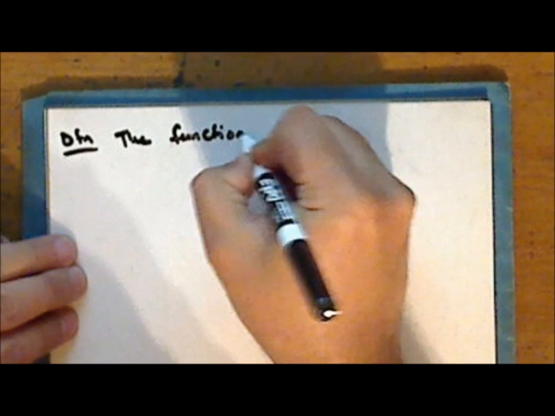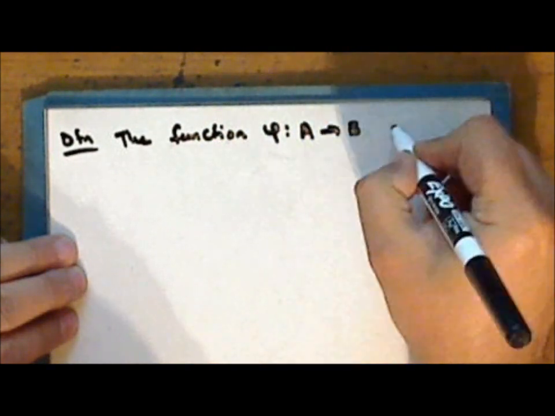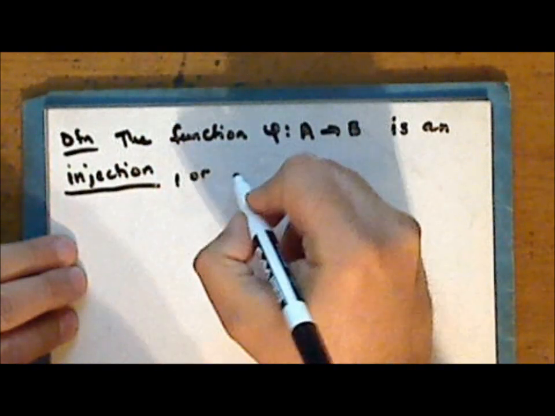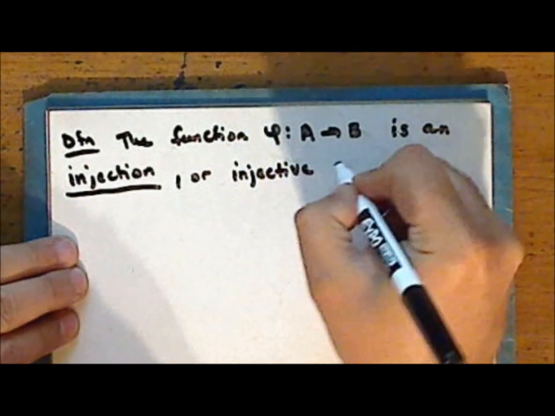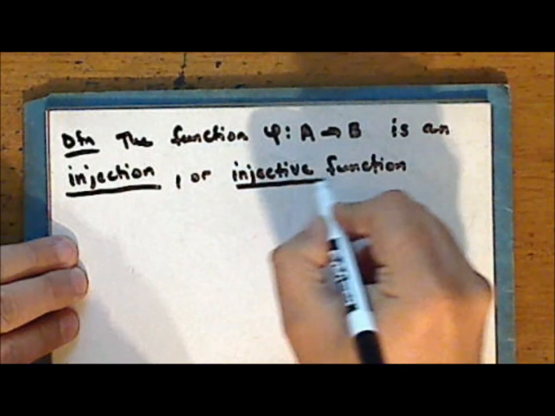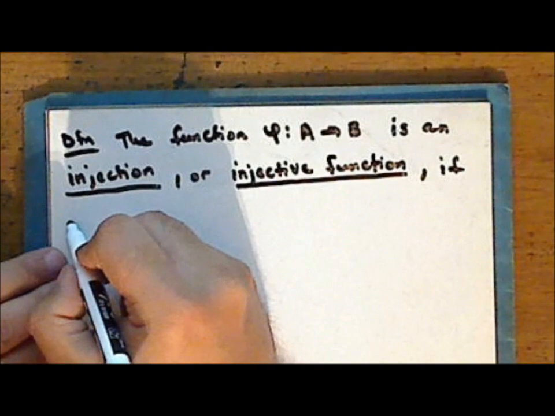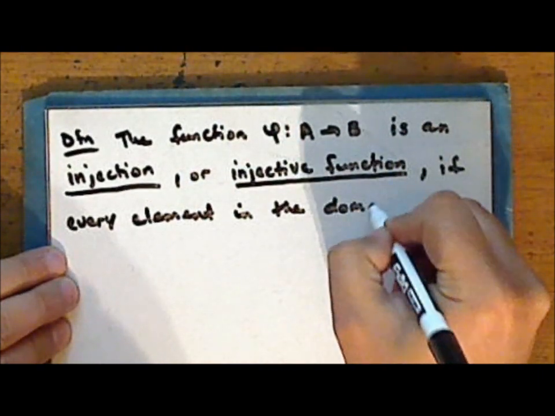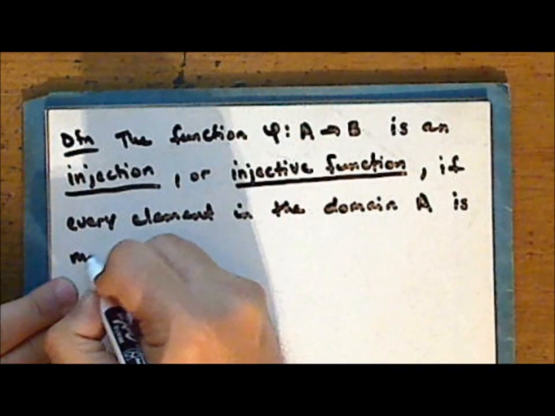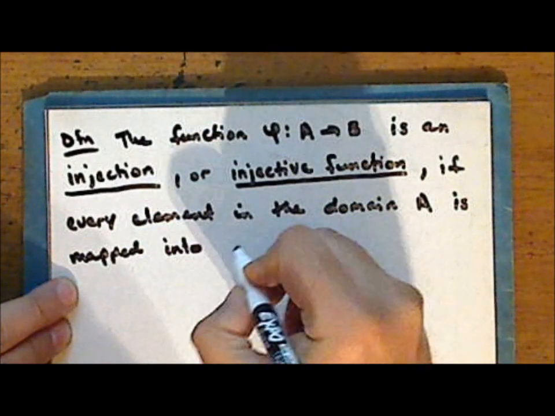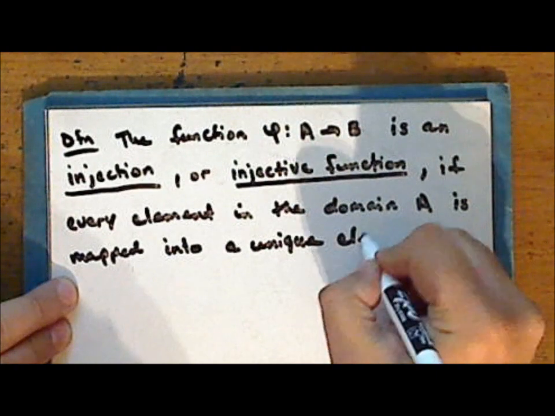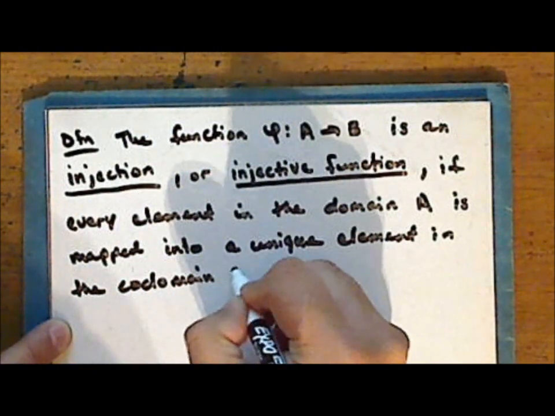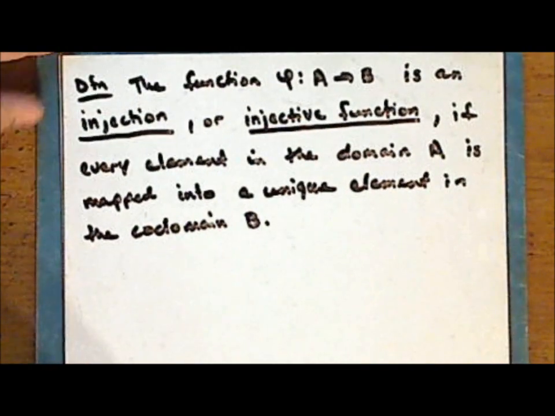The function phi from A into B is an injection or injective function if every element in the domain A is mapped into a unique element in the codomain B. So once again, let's look at a simple map diagram to clarify this definition.